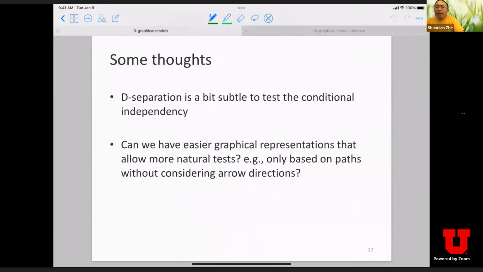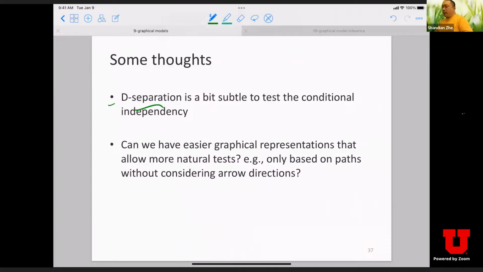So now we have finished the introduction of the directed graphical model, which is called the Bayes network. We found that although d-separation is simple, it's a bit subtle to test conditional independence. You have to look at several basic cases, and you should really pay attention to the direction of the arrows: head to head, tail to head, head to tail, tail to tail.